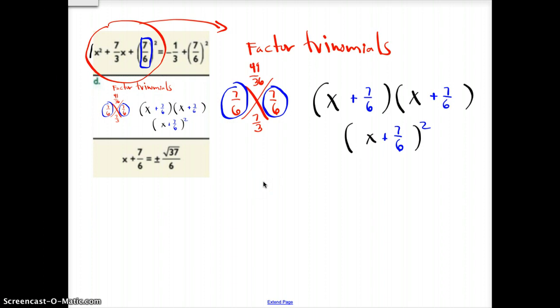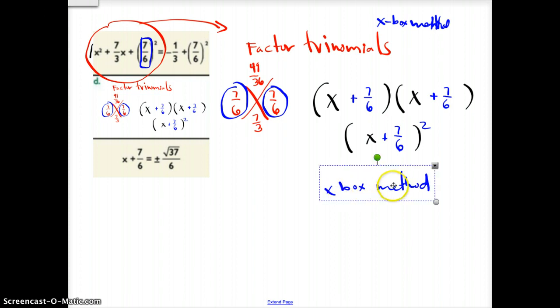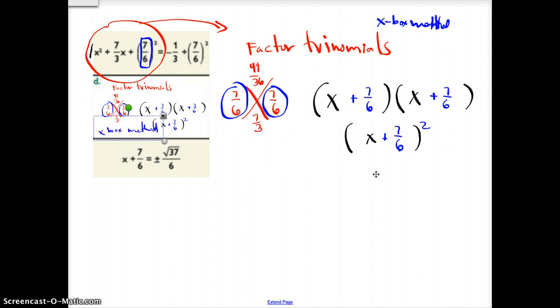Factor trinomials, you might want to write something like Xbox method. That's how we did it. That's horrible handwriting, gorgeous handwriting right there. Squeeze that in. See, that's easy.